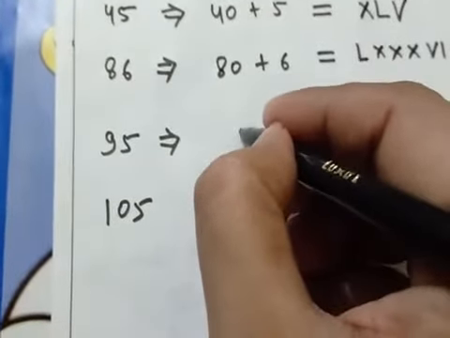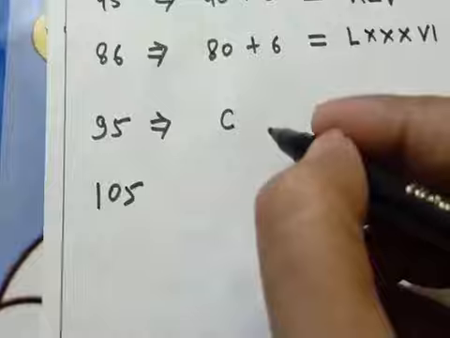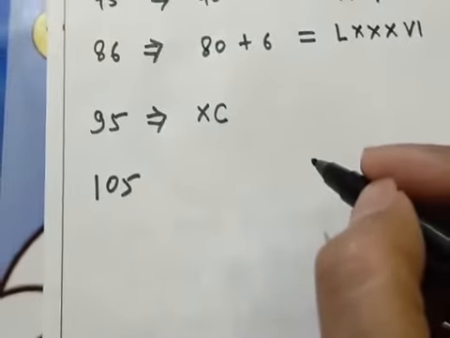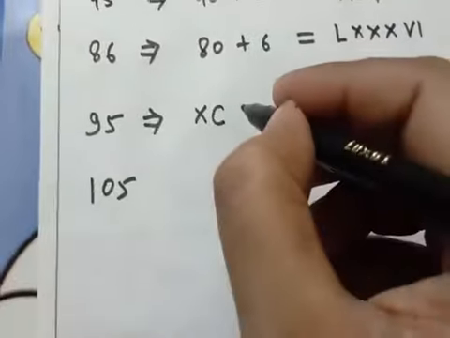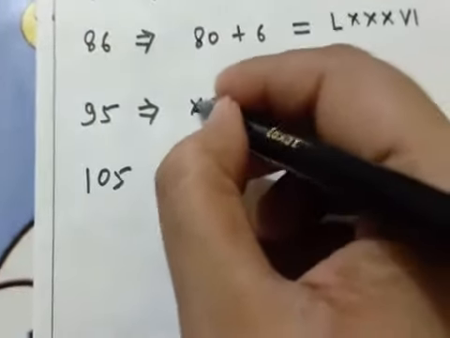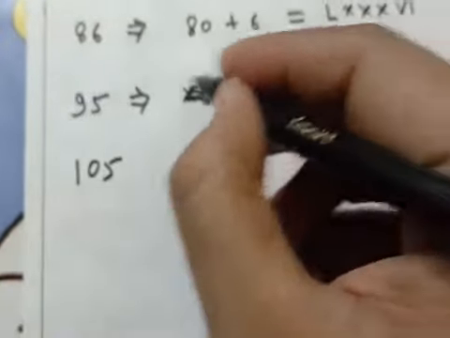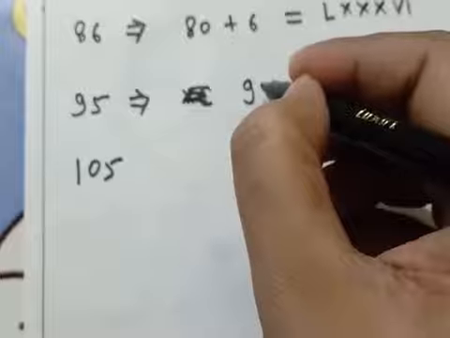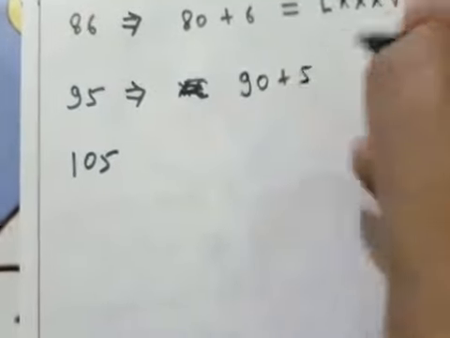First we use the symbol C for 100 and write X here, and it is subtracted. It becomes 90. First I will break the number 95: 90 plus 5.